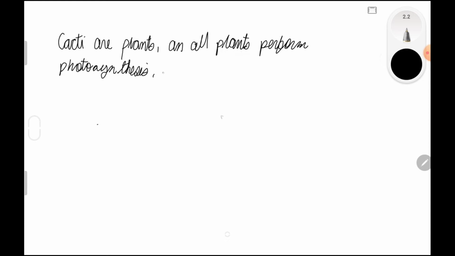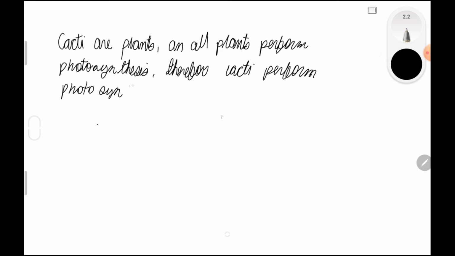Therefore, the probable conclusion here is: therefore, cacti perform photosynthesis. Okay?